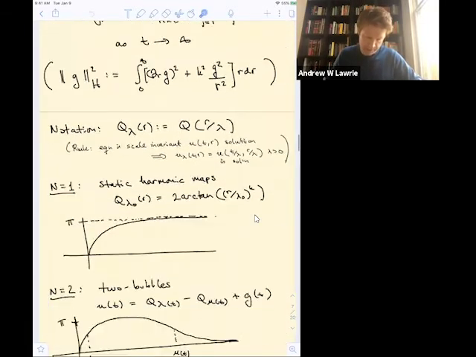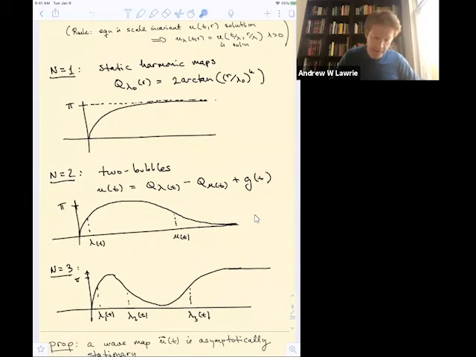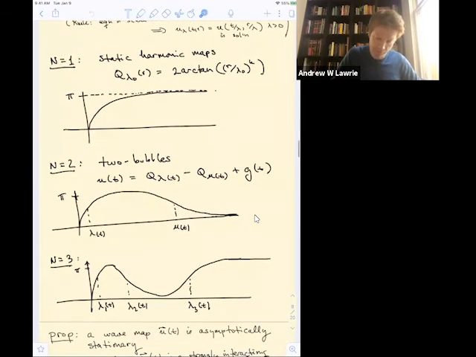So here's what the pictures look like, and this is maybe easier to keep in mind. When n equals 1, just a one bubble tower, these are completely classified. This is just a unique harmonic map up to scale, of course. For n equals 2, there are two bubbles.